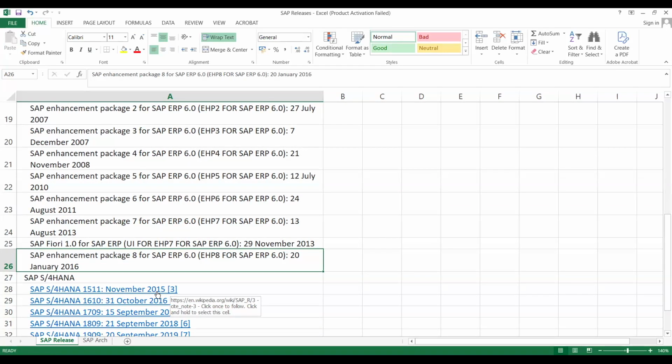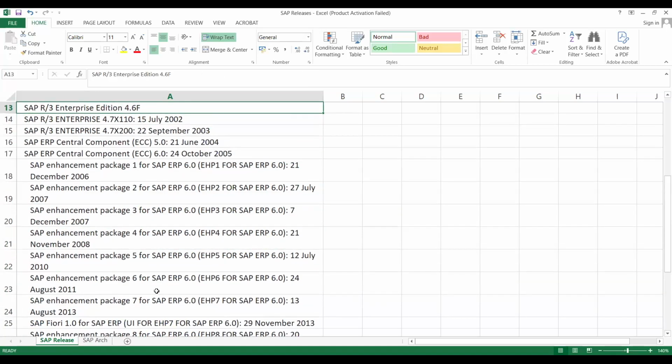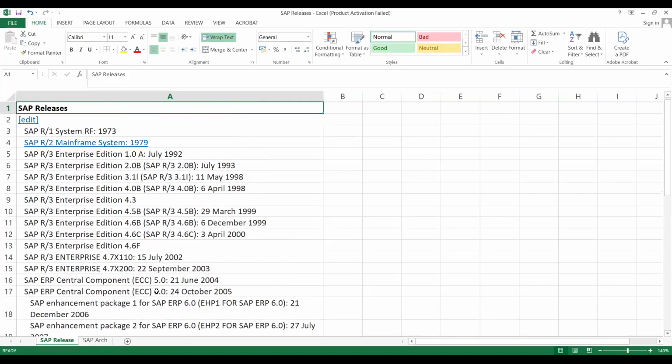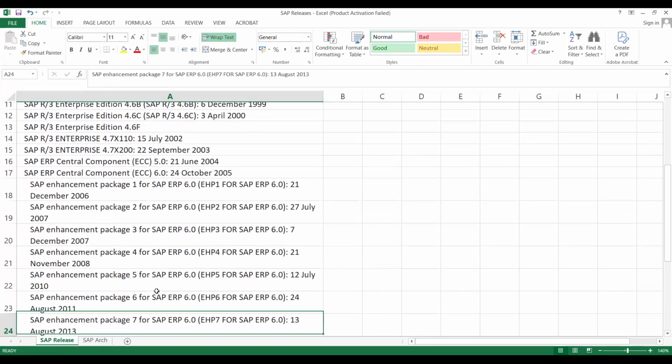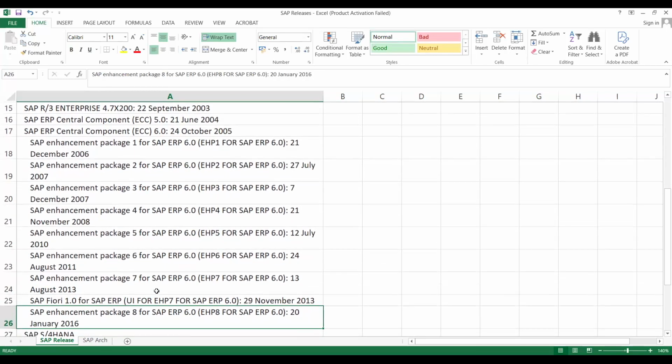Whatever versions we are looking at, 4.5, 1, 2, 3, then 4.6, 5, 6, ECC 6, all these versions had SAP as the front end and Oracle or DB as the database.